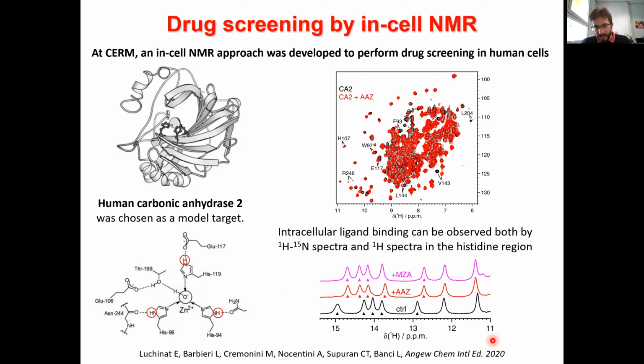In the in-cell spectrum, we are in a bit of a lucky case, because we have a few proton signals which fall in a region of the spectrum, typically the imino region, where there is basically no background interference from protons from the rest of the cell. This means we can even avoid recording 2D spectra and go for a more efficient screening by 1D NMR.